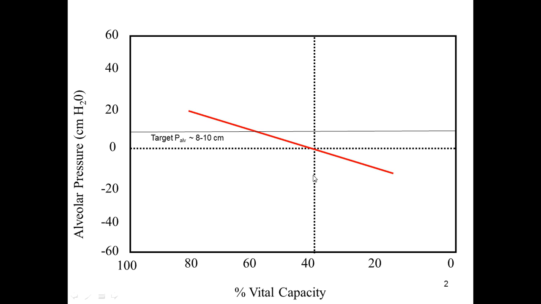So in the case of a typical upright person, recall that somewhere between 35 and 40% lung volume, or vital capacity, is roughly the relaxation point of the system. This is the point where there is essentially zero alveolar pressure being generated by the chest wall or the respiratory system, because this is the relaxation state.